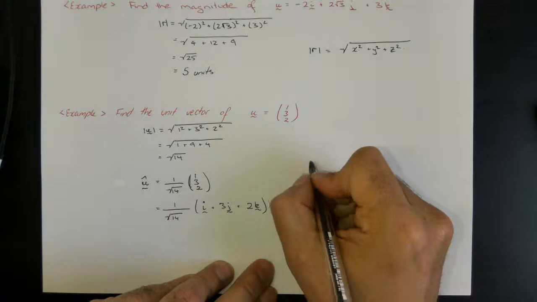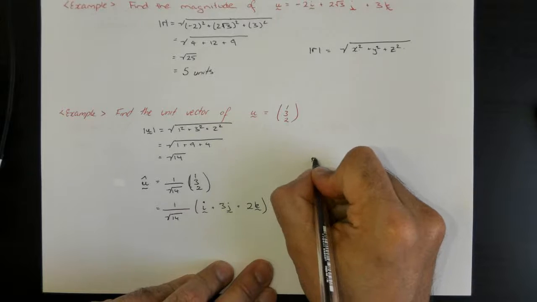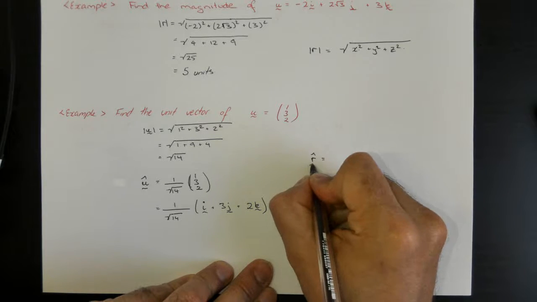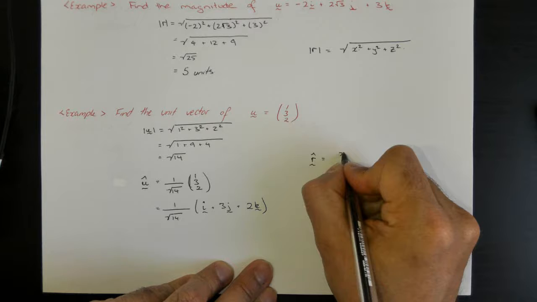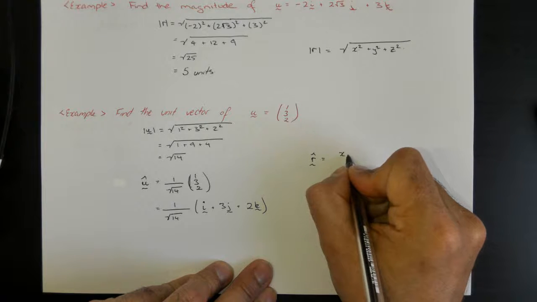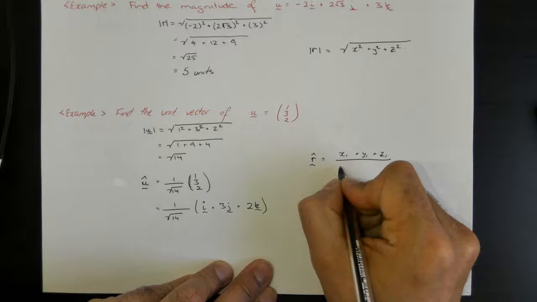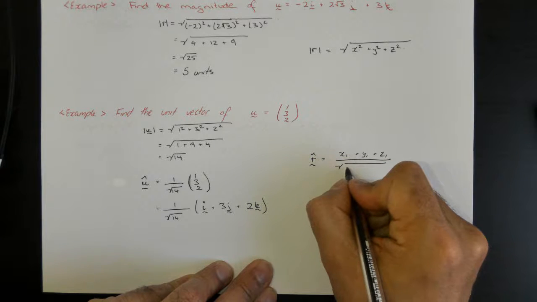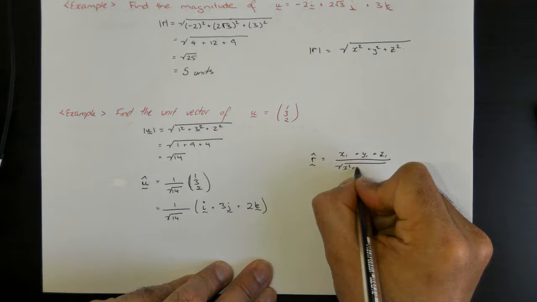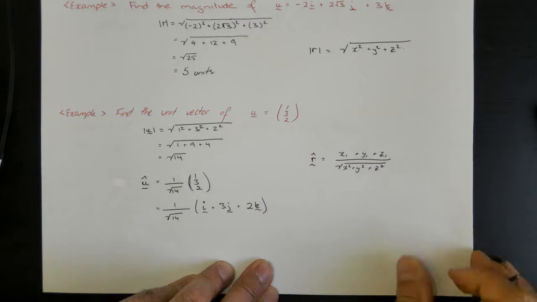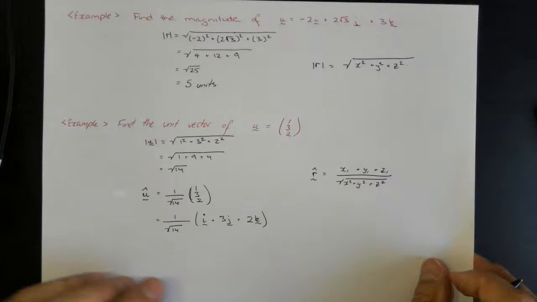Okay, that's using the formula that the unit vector is the vector divided by the magnitude.